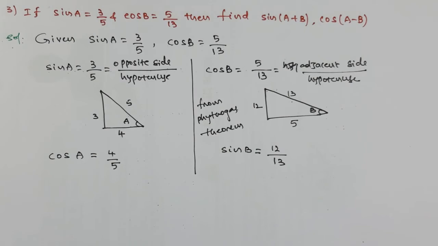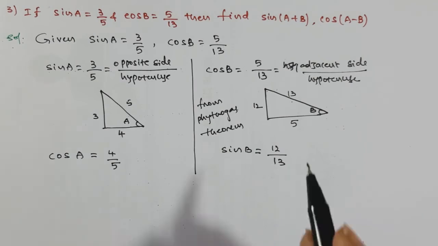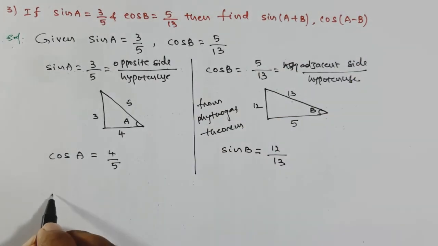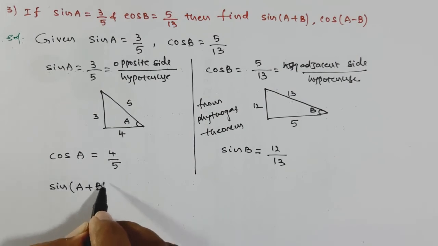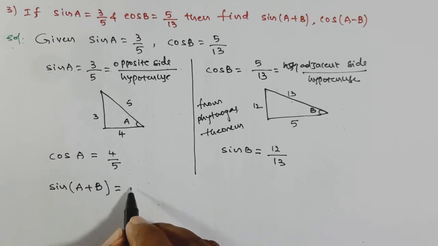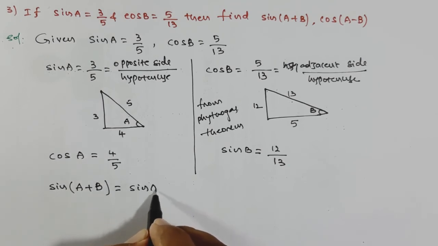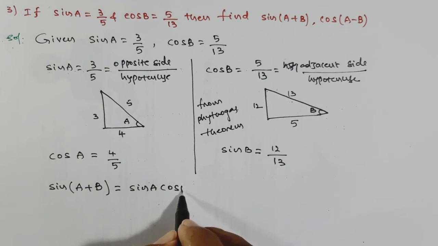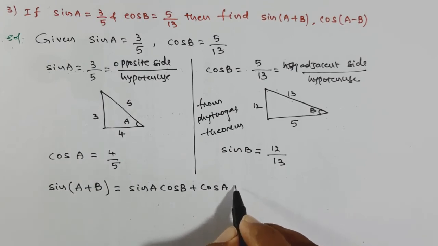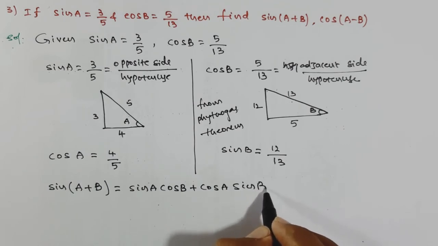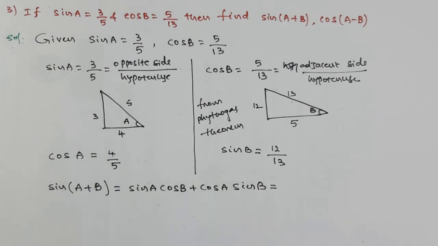Next we have to find sin of A plus B and cos of A minus B. The formula of sin of A plus B is sin A cos B plus cos A sin B. Substitute the known values.